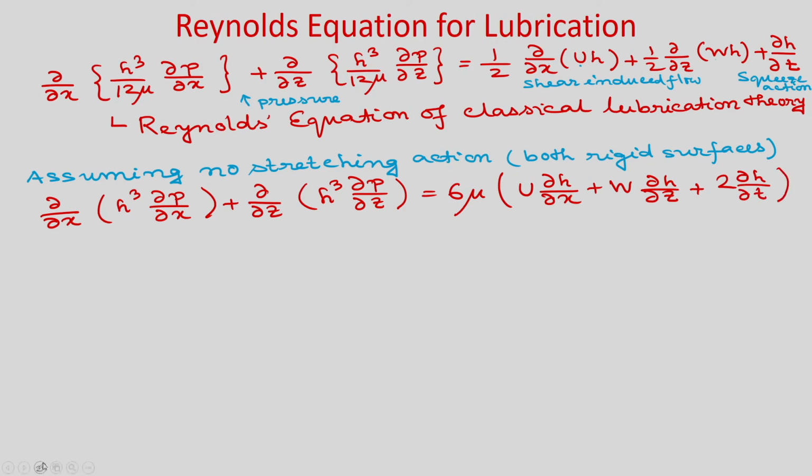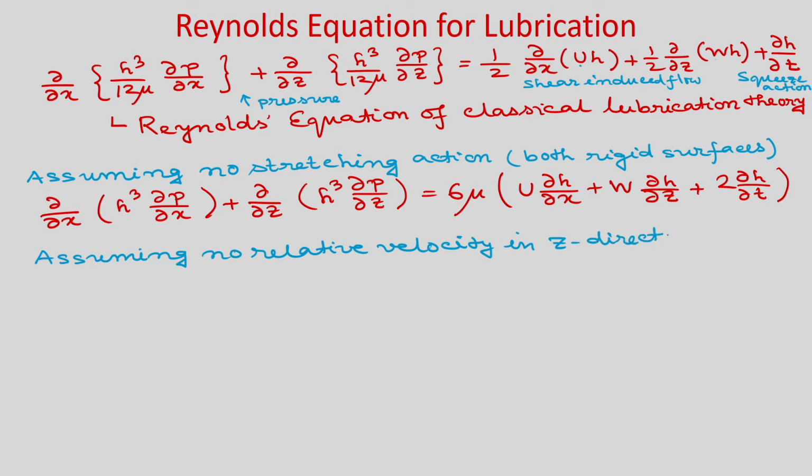Now, assuming no relative velocity in the z direction, we can make w equal to 0.